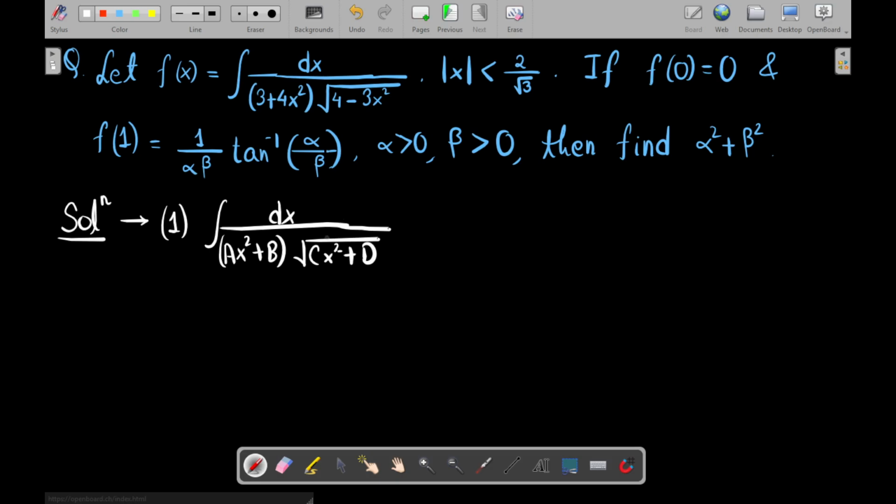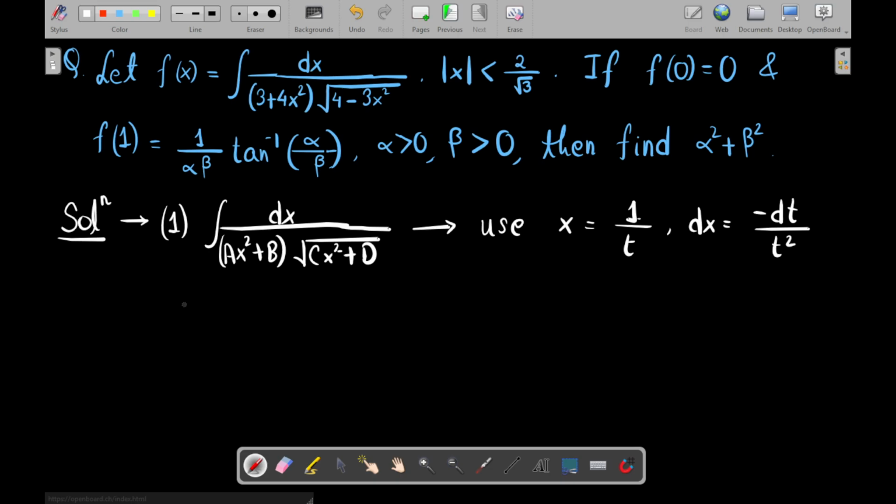So this is the general procedure. Whenever an integral of this type is given, the first step is to use the substitution x equal to 1 by t, and also dx equal to minus dt by t², that is minus 1 by t² times dt.